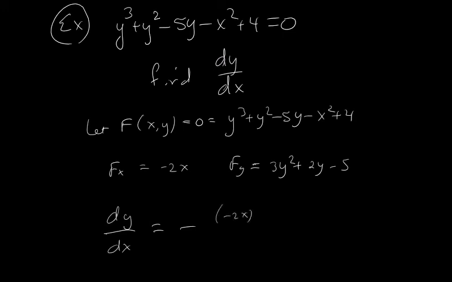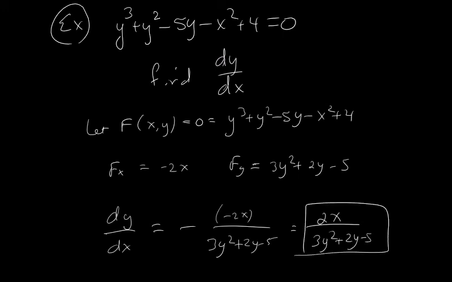So that's negative 2x divided by 3y squared plus 2y minus 5, which is 2x over 3y squared plus 2y minus 5. And there it is.